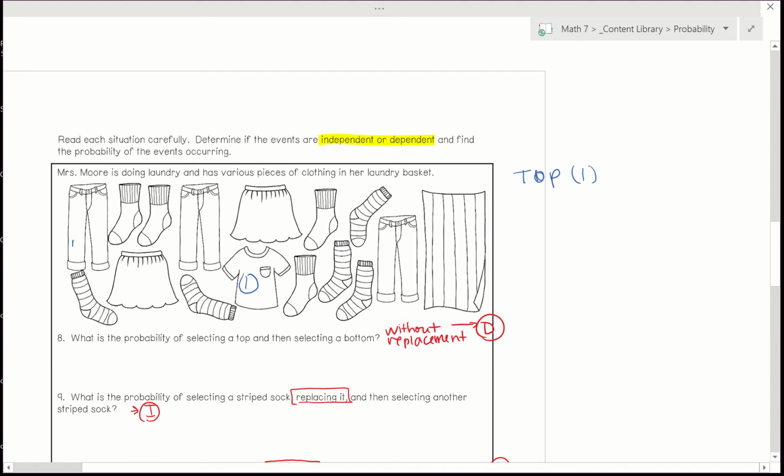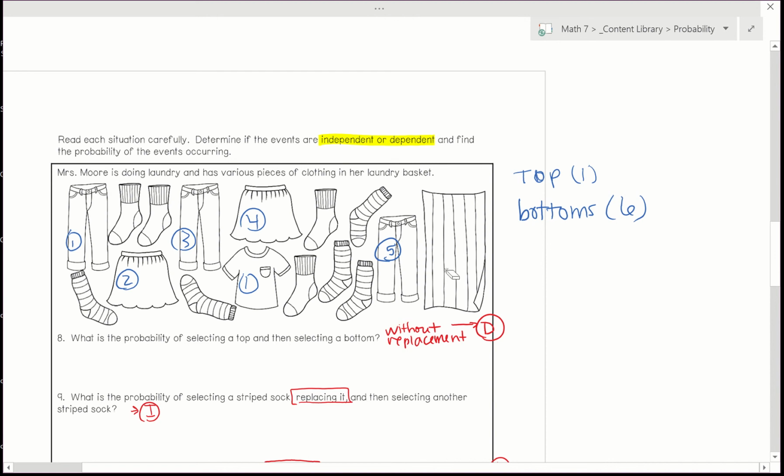Let's do pants. 1, 2, 3, 4, 5, and I'm not sure if this is a towel or maybe a long skirt. I want to say it's a very long skirt. 6. Okay, so there are 6 bottoms. Actually, you know what? I think it's a towel. Hold on.